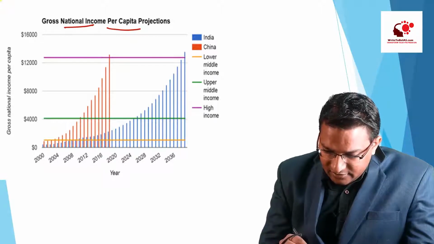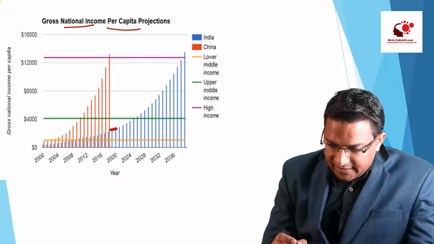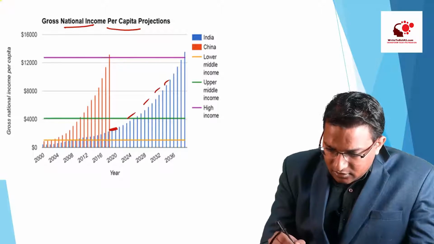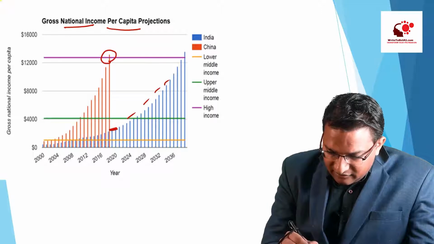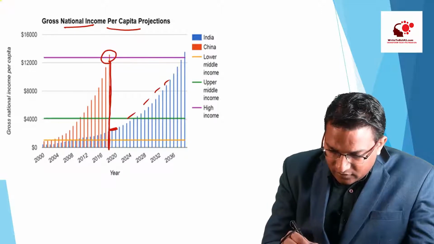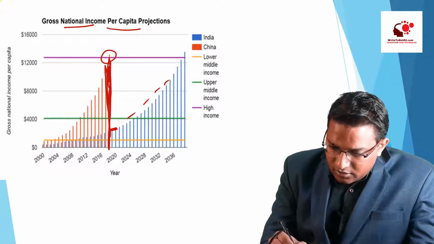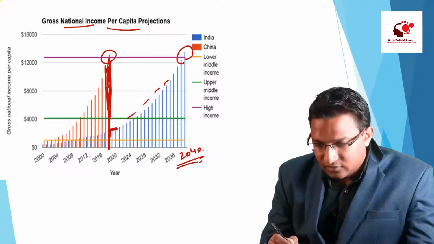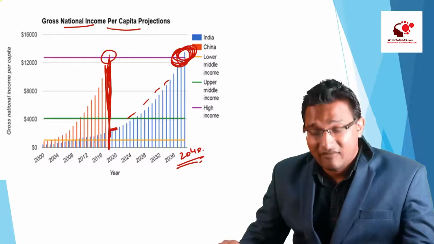Currently this is here, and we are slowly moving, but the level of China at present in 2020, we will be able to achieve in 2036 or maybe in 2040, right? So our per capita income is very less.